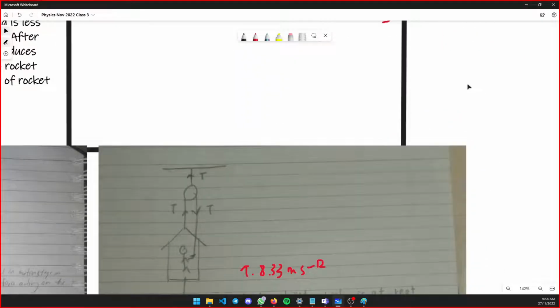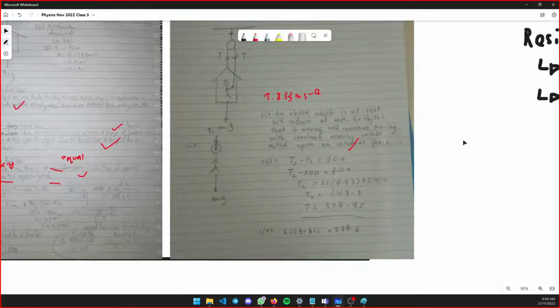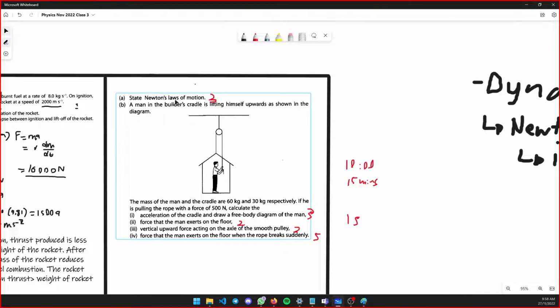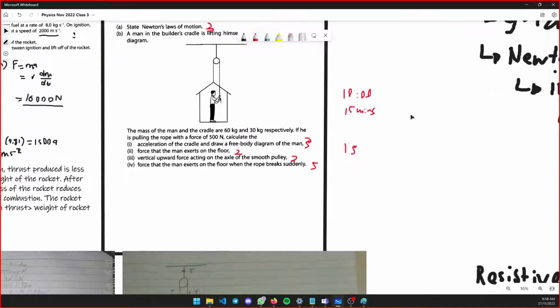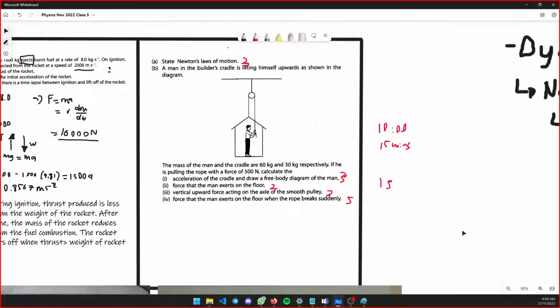I only wrote one. You had to write all three. Remember, if they say state Newton's laws of motion, plural, that means you have to mention all three. I know it's a bit annoying to write, but it's only half a line.